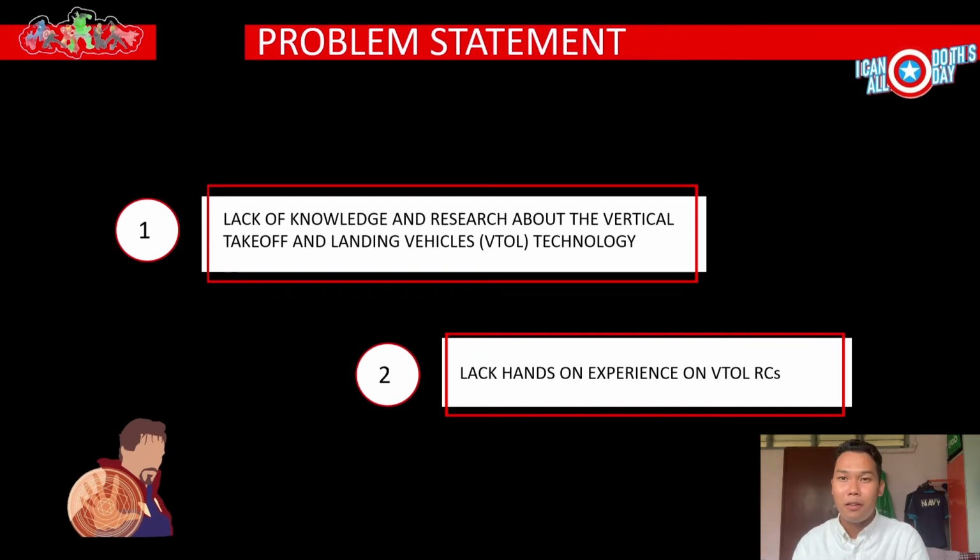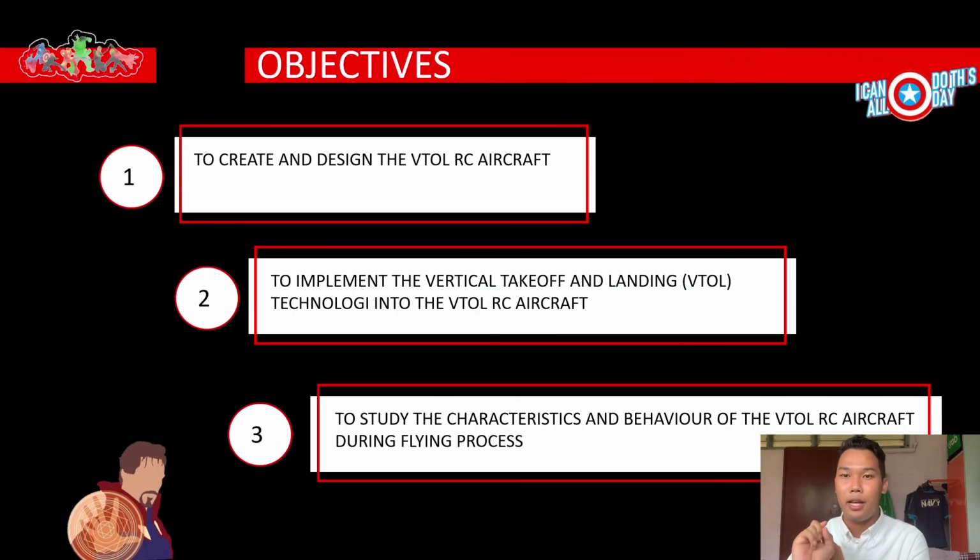For the objectives, there are three: to create and design the VTOL RC aircraft, to implement the technology of the VTOL into the RC aircraft, and to study the characteristics and behavior of the VTOL RC aircraft during the flying process.